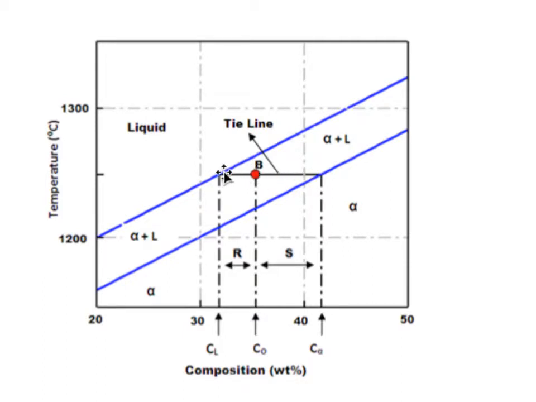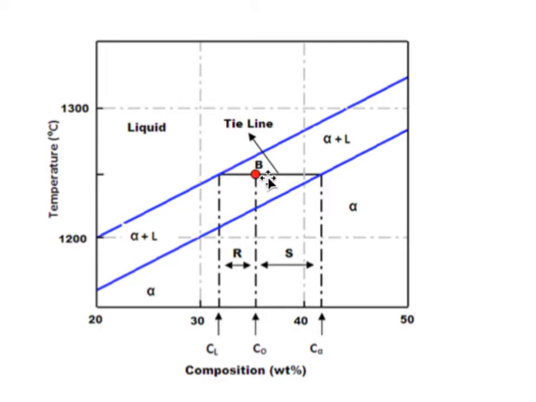When we are close to the liquid side, it means that we have about 30% solid and about 70% liquid. And it's important to remember here that when we're approaching this line, we get more and more liquid, although this part of the tie line is shorter, but it means that the amount of liquid is going to increase. We can also read the compositions here in the respective phases.